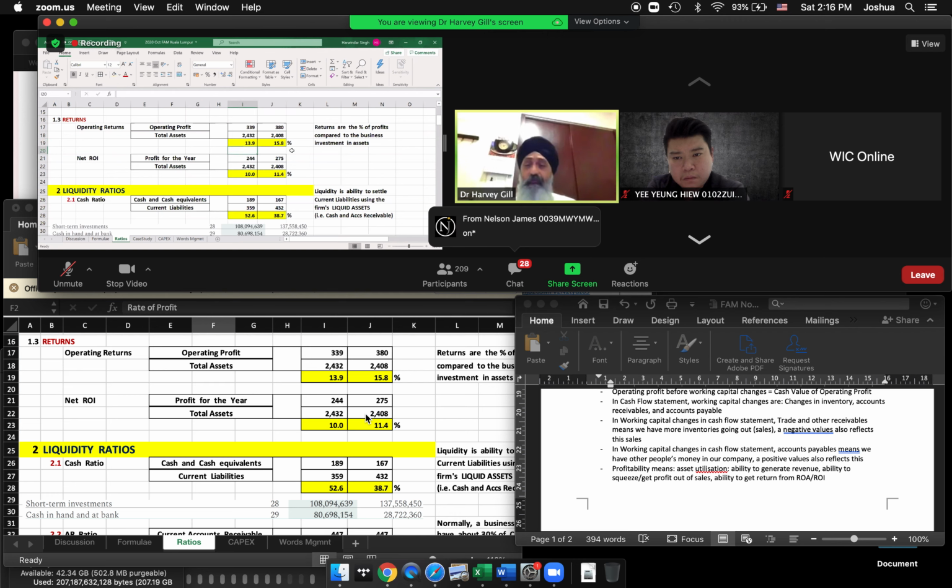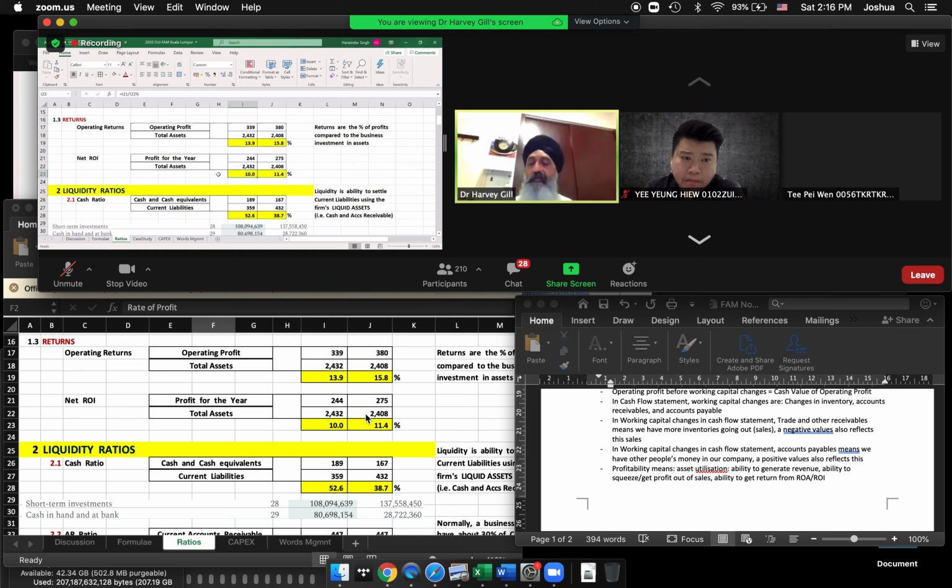So last year, for every dollar invested in the business, they could give us 15.8% return at operating level and 11.4 at net level. However, this year this has declined to 13.9 at operating level and only 10% return, based on the profit for the year. Now, you need to be able to explain what happened here, why this happened.